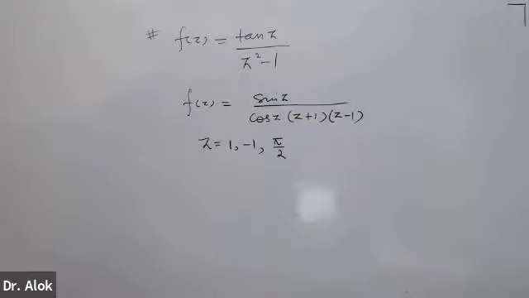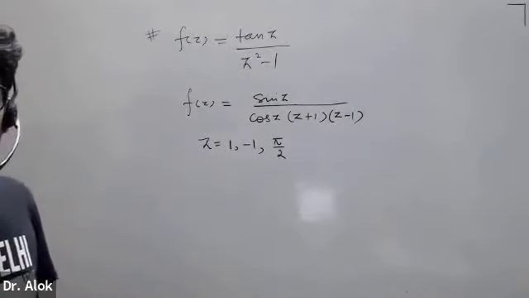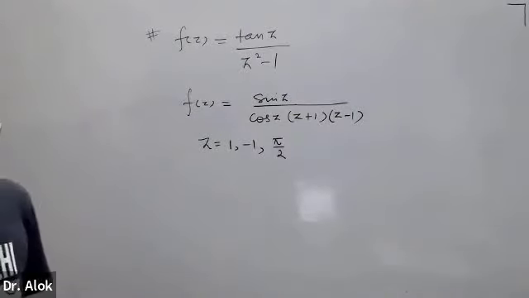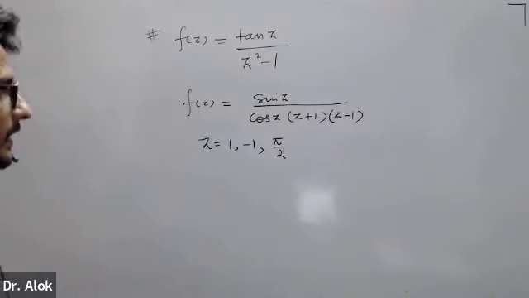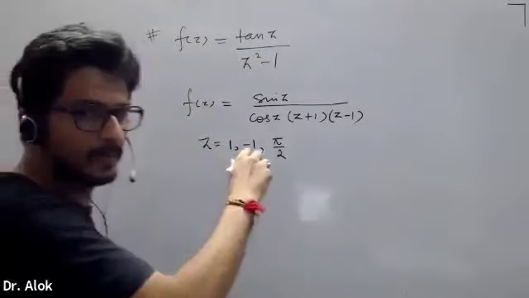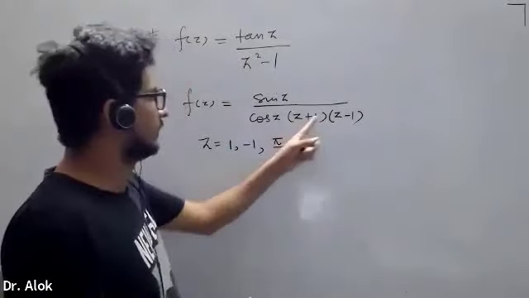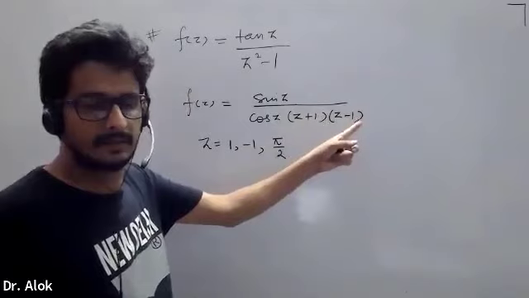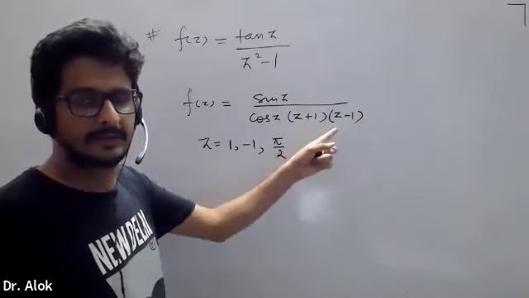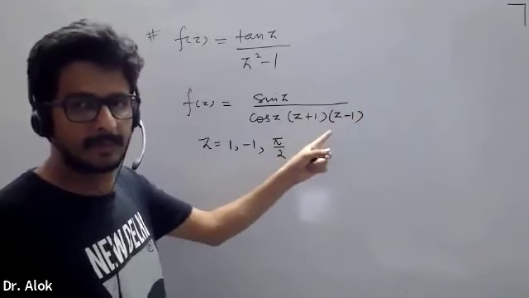So what is the value at z is equal to 1? For example, if I want to take the point z is equal to 1, what will be the value? So this is a simple pole, yes, because the power is 1, so that's why it is a simple pole.